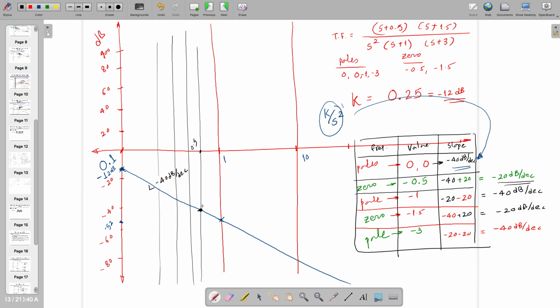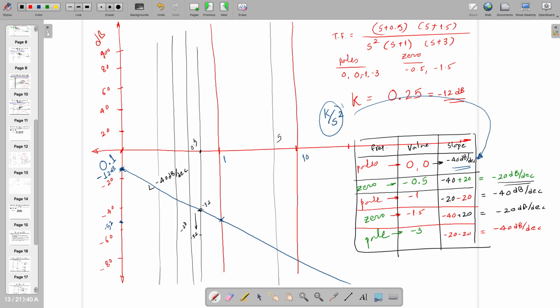If it is minus 32, you need to go down by 20, so it will be minus 52 and one decade ahead, which is exactly at 5. Okay, fine. So whatever value is there, you have to go down by 20 dB and one decade ahead.